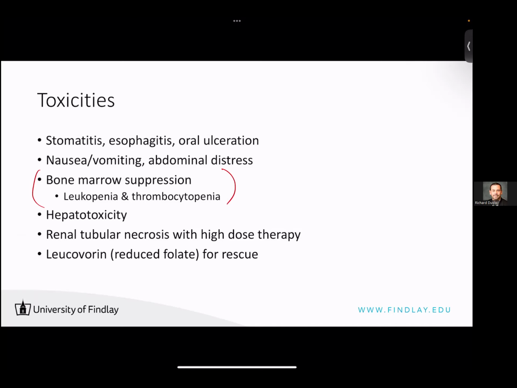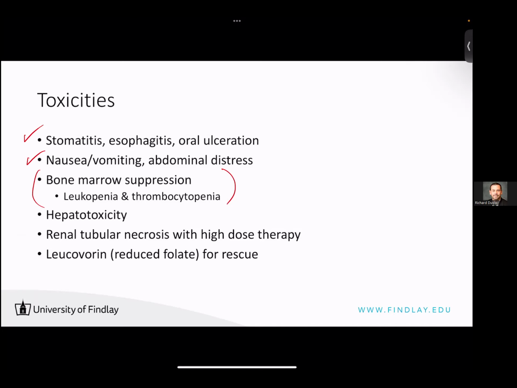So we expect bone marrow suppression to occur if we're not careful, in particular with our dose and our monitoring. Nausea, vomiting, diarrhea, abdominal distress, not surprising there. Stomatitis, or inflammation of the mucous membranes. Esophagitis and oral ulcerations are commonly reported with methotrexate.